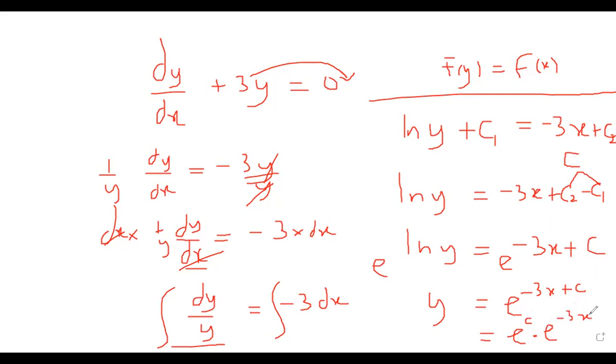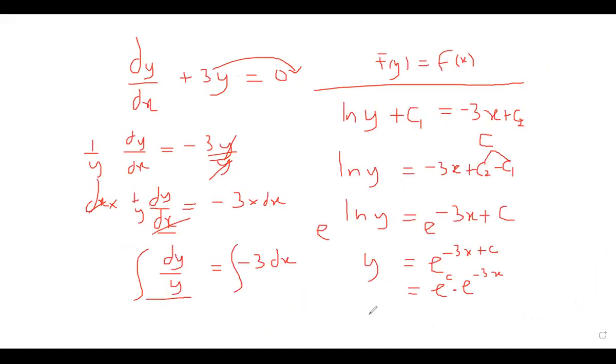And e raised to the power constant is also a constant. So our final solution can be written as y is equal to a constant times e raised to the power minus 3x. So that becomes the solution to the given differential equation.